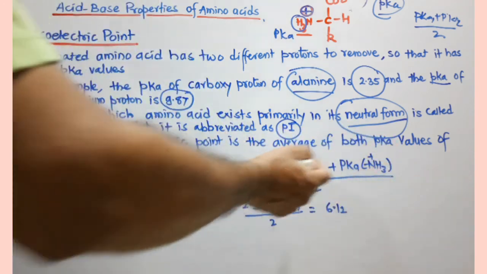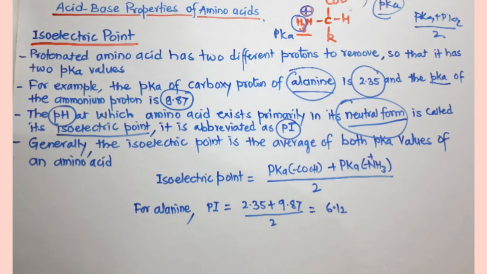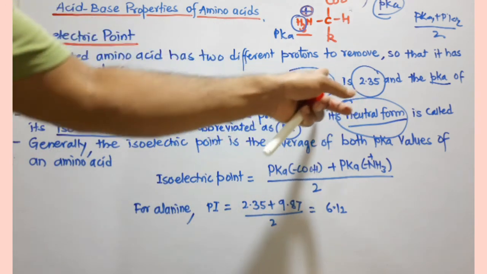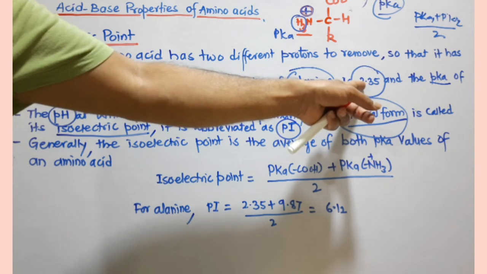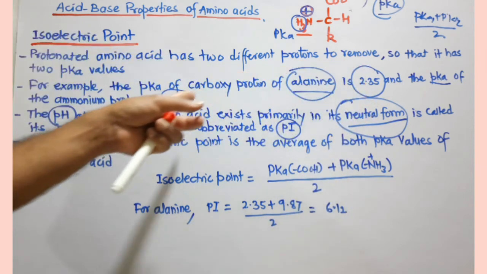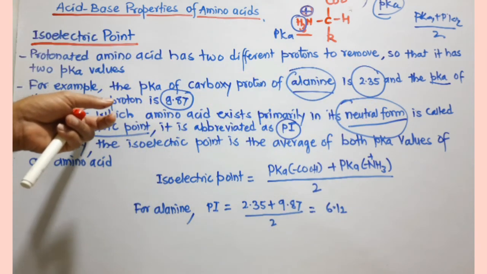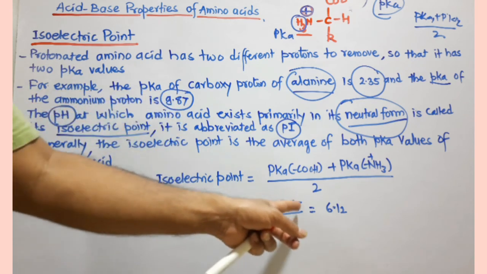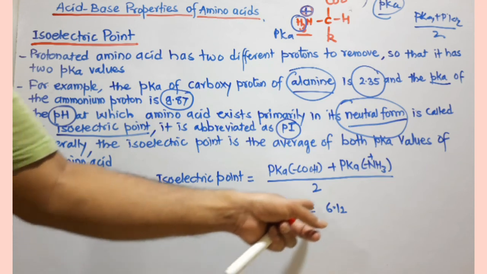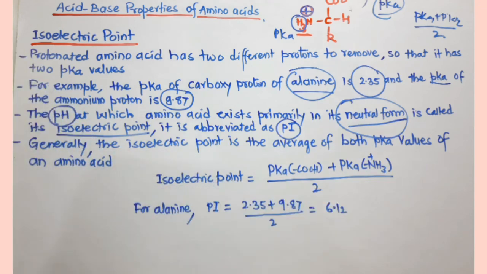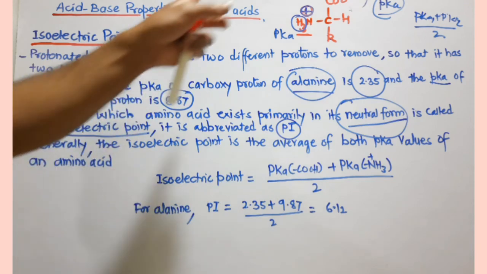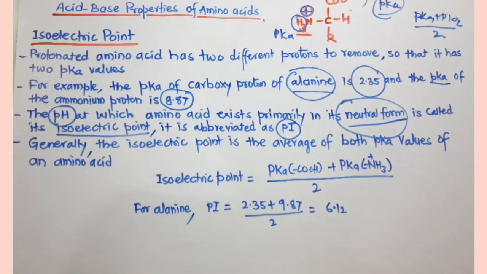For alanine, we have 2 values: for the COOH group the pKa is 2.35, and for the ammonium proton it is 9.87. When we take the average of these values, it comes to 6.12. So 6.12 is the pH where alanine exists in neutral form. This is the isoelectric point of alanine. Thank you.